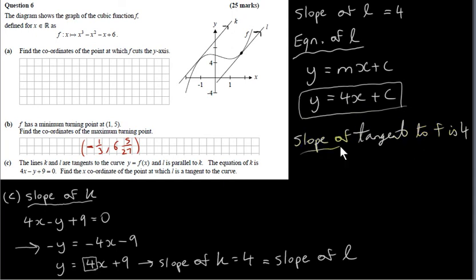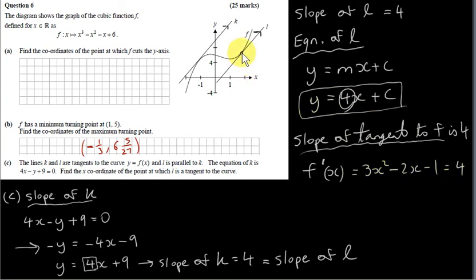Now, as I explained earlier, the slope of a tangent to a function is given by the derivative. And we saw the derivative of this function earlier. It's 3x squared minus 2x minus 1. And this must equal 4, the slope of L. So by solving this equation, we will have the x values of not just this point, but this point here as well.